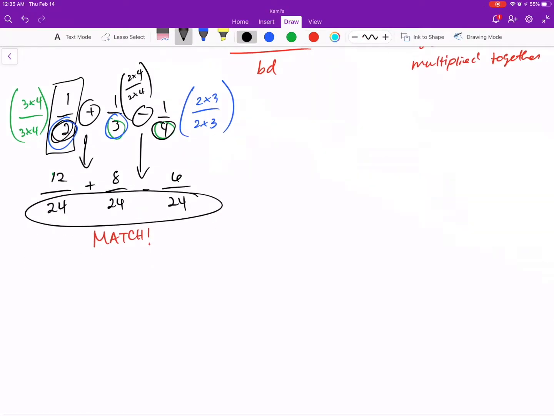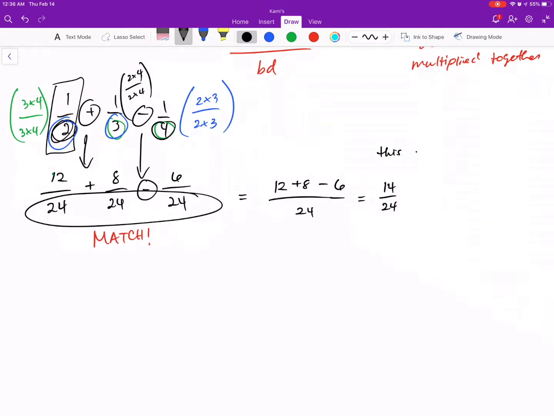So now we just put the operations and the numerators in one fraction. So 12 plus 8, don't forget this was a minus 6. Alrighty, all over 24. This is going to be, what, 20 minus 6, that's going to be 14 over 24.